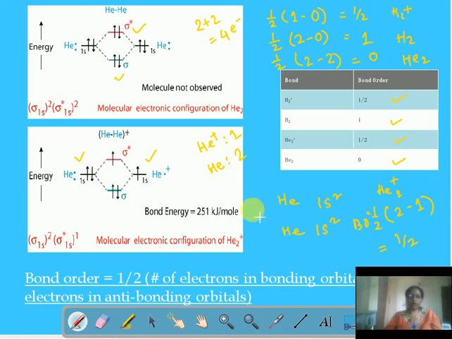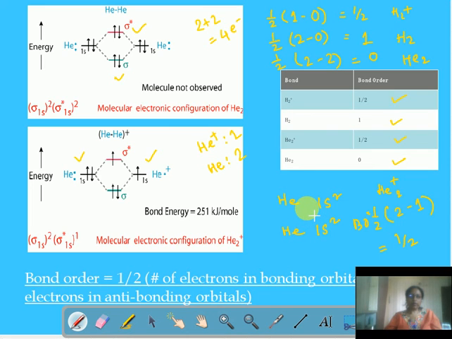But we can also explain why He2 plus exists, because there is a positive bond order, which is half. So you can understand why He2 plus exists but He2 does not exist. From this we can say why the noble gases are monoatomic in nature.